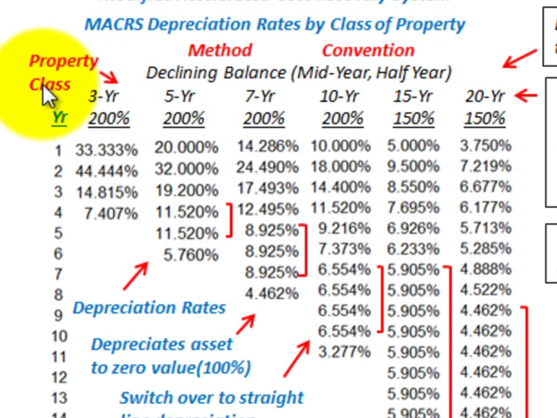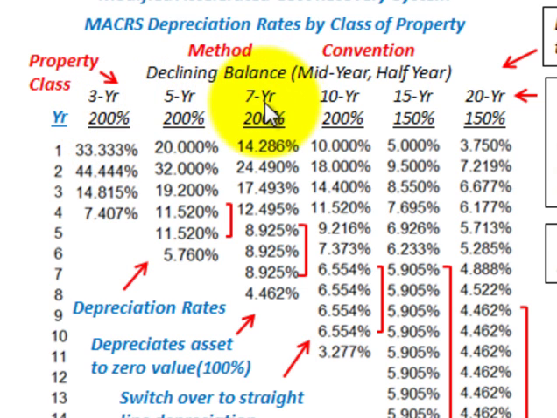Property class here means 3, 5, 7, and so on. These are called property classes, and what we mean by that is each group of assets. The IRS would have defined, for a 3-year life, a listing of assets that might be tooling or small equipment for the shop, or in the office, desks, computers, and so forth.